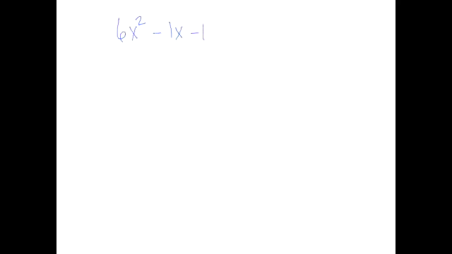Yes. Plus 1x. Plus 1x. Okay, now I don't know if this thing factors nicely. I'm just going to try a couple of different choices here and see if it does. That would be 3 and 2, positive, negative, yes. So it does factor nicely, okay?